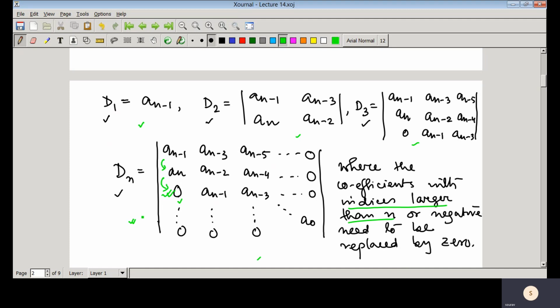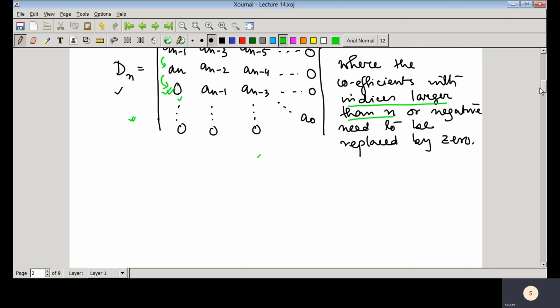So it would be very difficult to find. So then Routh proposed one method, one tabular method, by which we can find whether all the Hurwitz determinants would be positive or not. So Routh proposed one method that is called the Routh table.